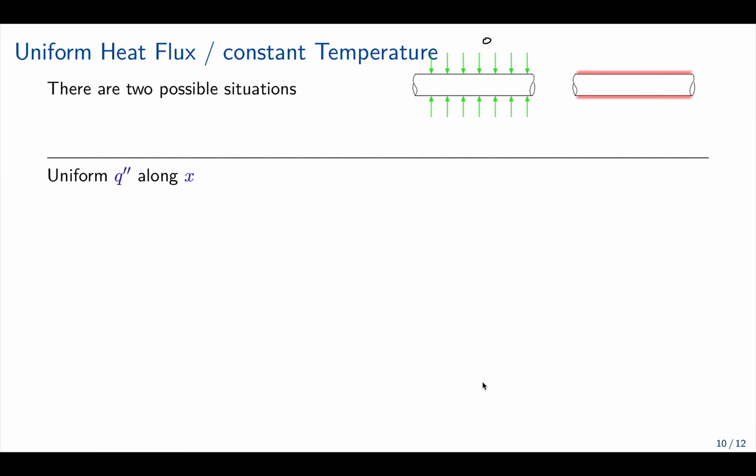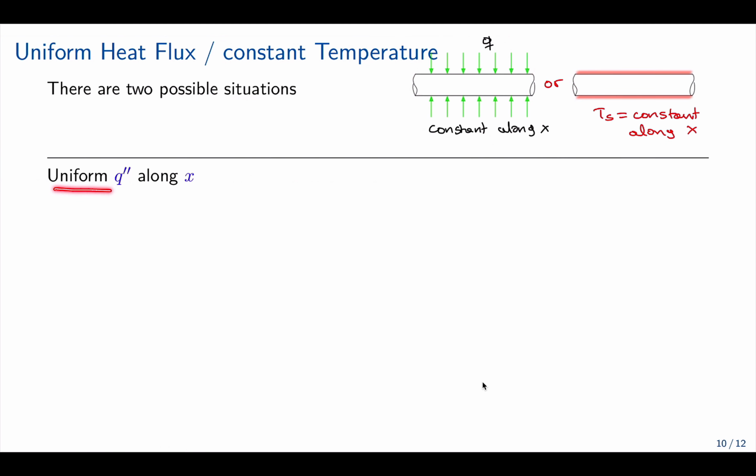So this is Q, and Q is constant along X. And the other situation is that we have the temperature constant, or Ts equal to a constant along X. So first I'm going to analyze this situation, and next this situation.